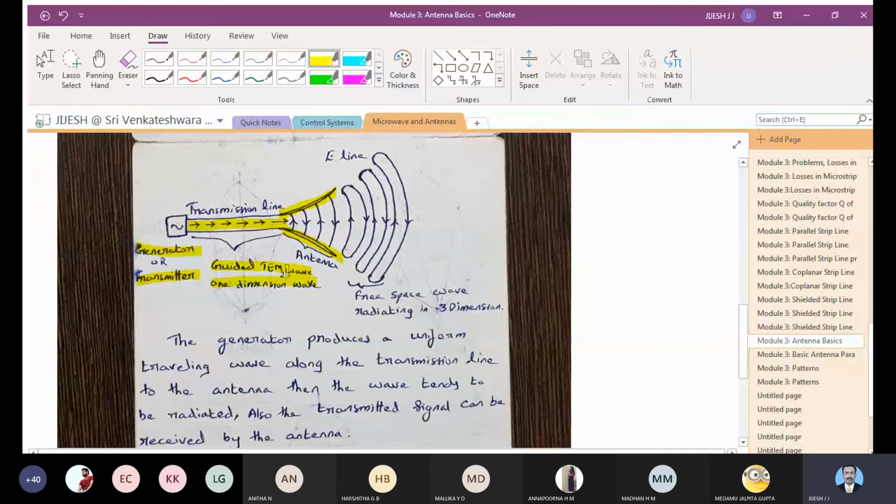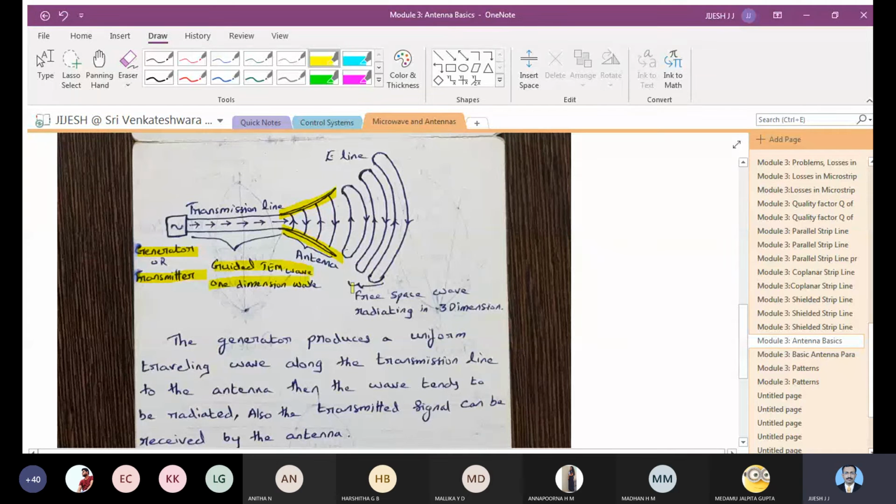So this is the guided TEM wave in 1 dimension, and this is the free space wave radiated in 3 dimensions.